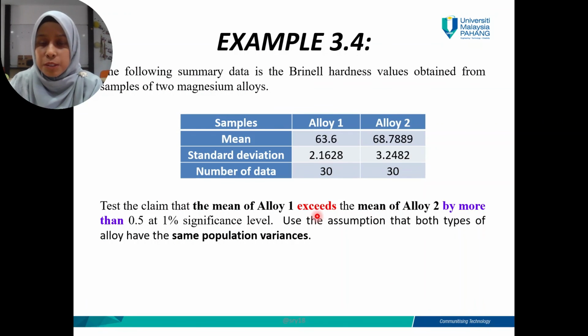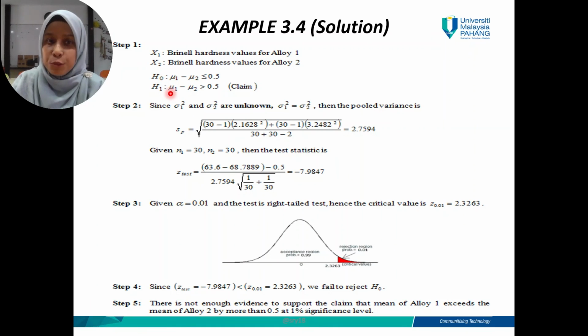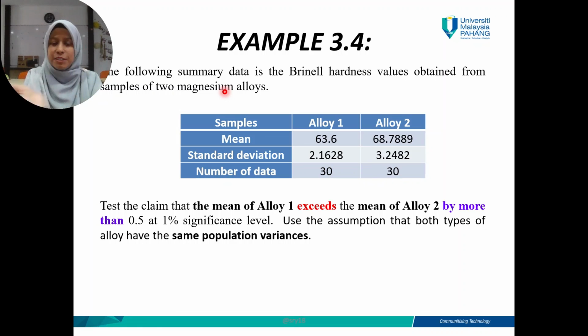Greater than because of the word exceed, and 0.5 because that is the hypothesized mean difference given in the question. So this is how you should write the statistical notations. Mu1 minus mu2 greater than 0.5. Just give it a try. Try to do step 2, 3, 4, 5 on your own.